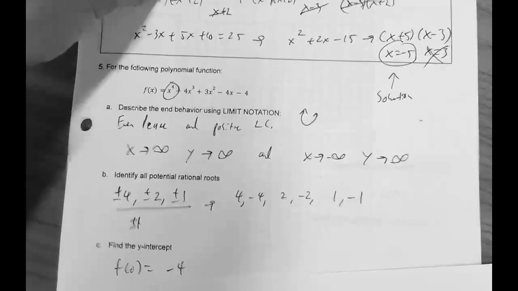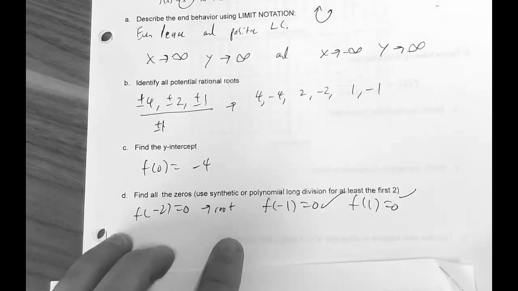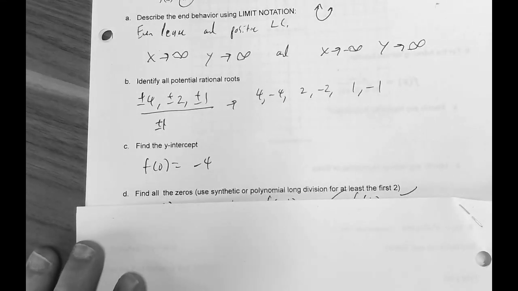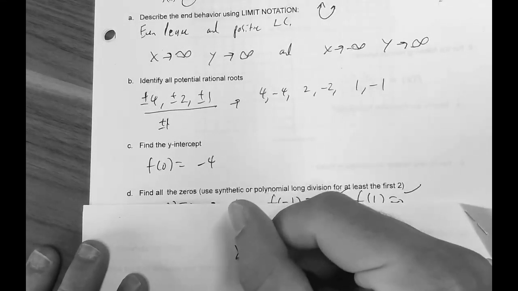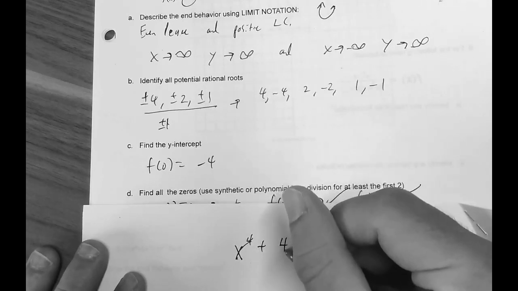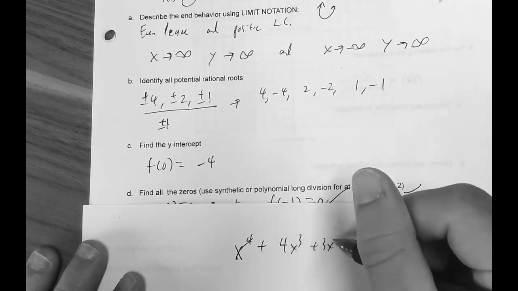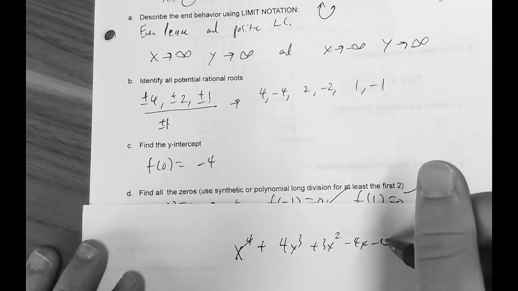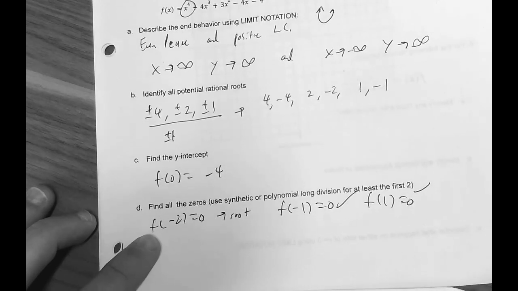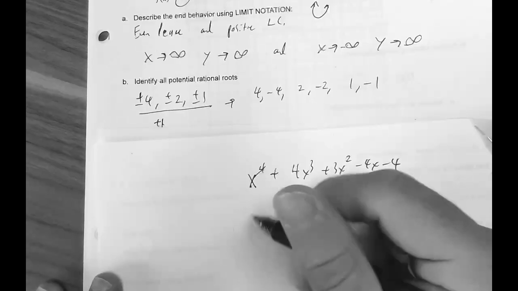So we would take, for example, let's say we figured out that these were rational roots, but we didn't know what the others were. You're going to take your function and divide it by -2.